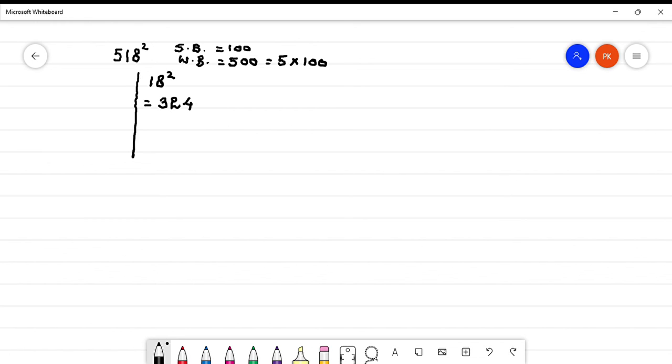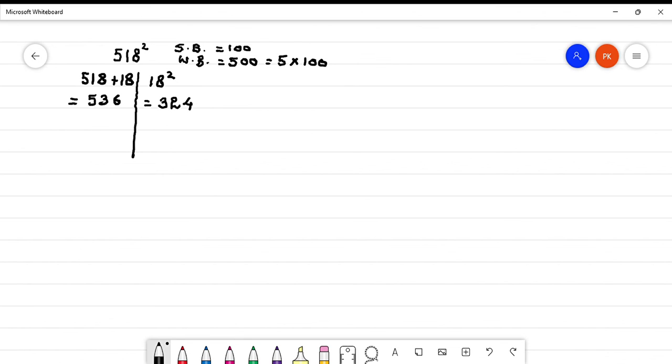Then what is the next step? 518, the excess number over the working base, that is 18. I am going to add here 518 plus 18, that is 536.